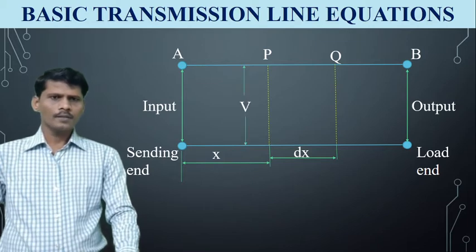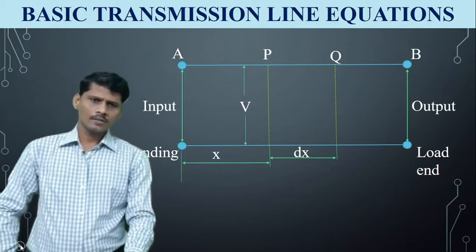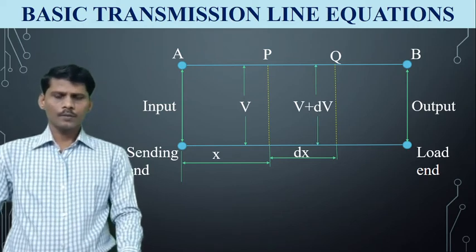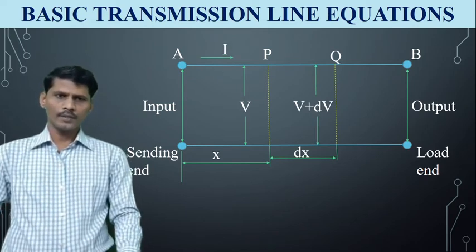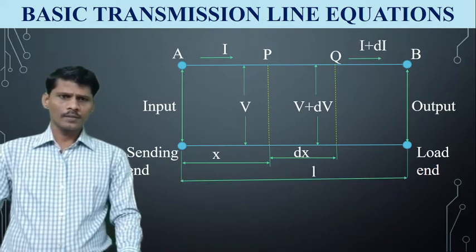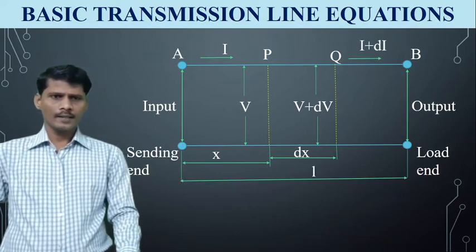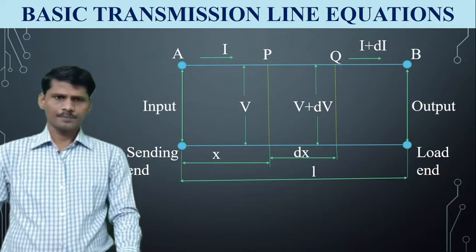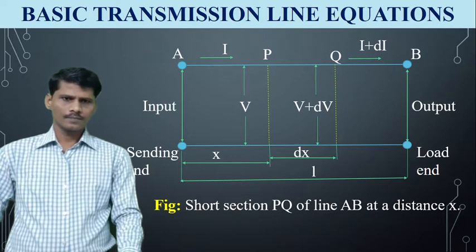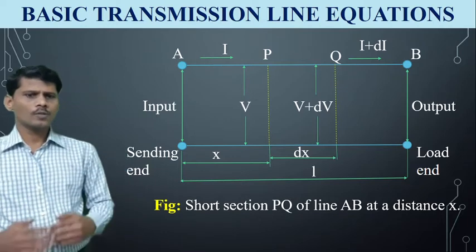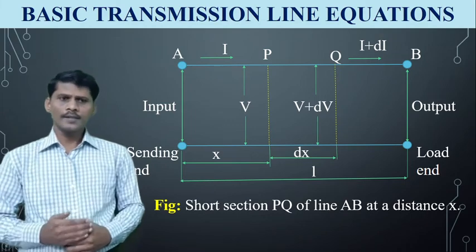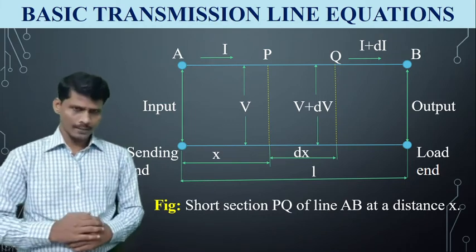At point P, the voltage and current will be V and I. At point Q, the voltage and current will be V plus dV and I plus dI. The length of the transmission line is L. So this is the figure of the short section PQ of line AB at a distance x from the sending end.